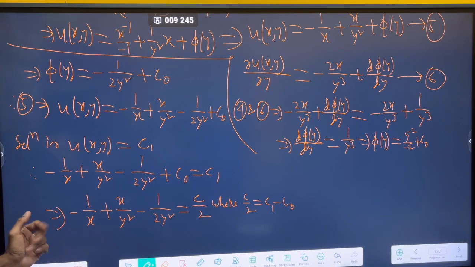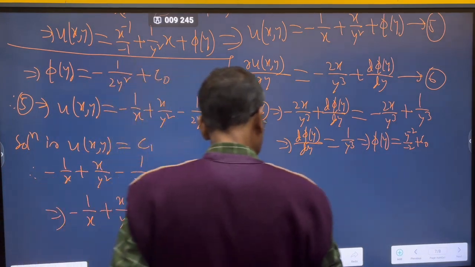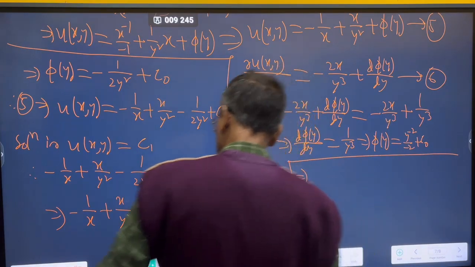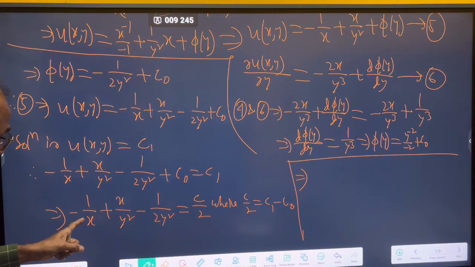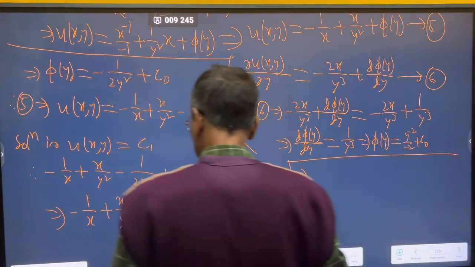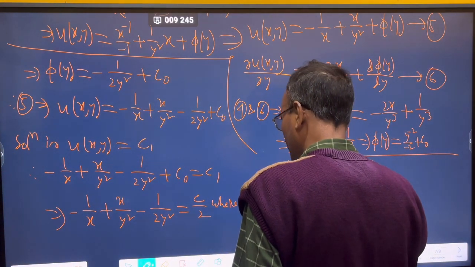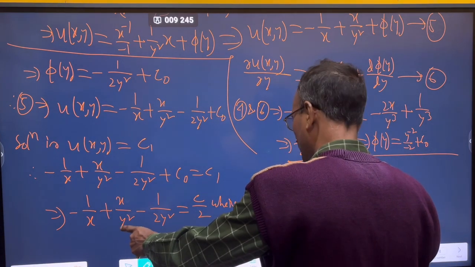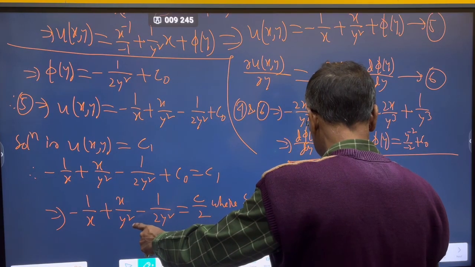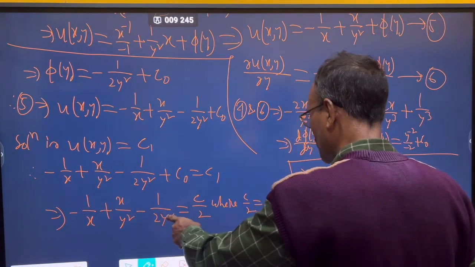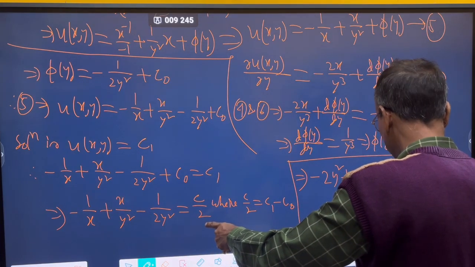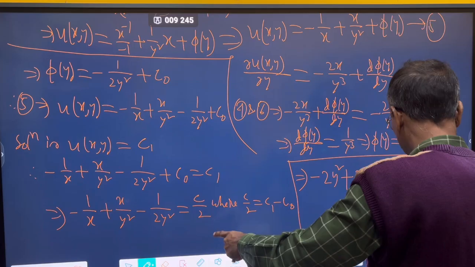After that, multiply both sides by 2xy². Minus 2y² plus 2x² minus x equals c x y².